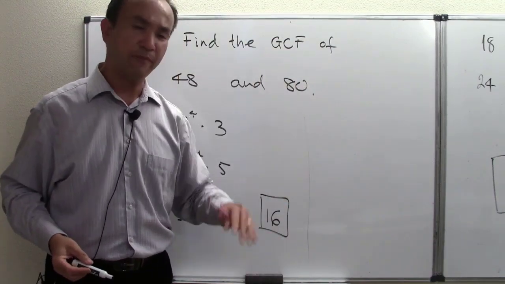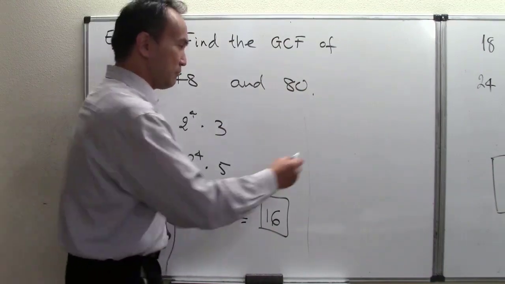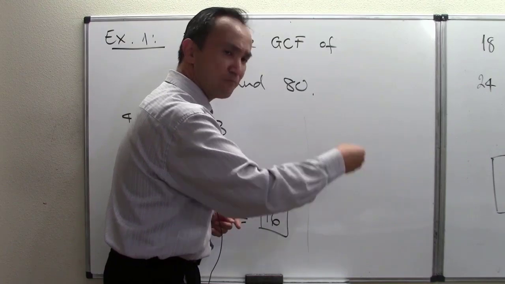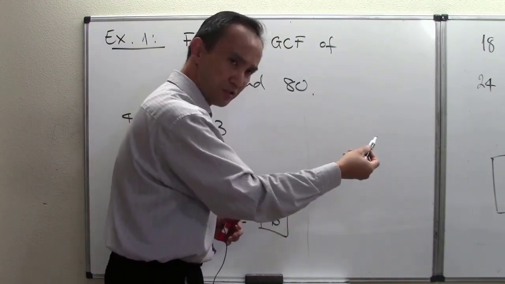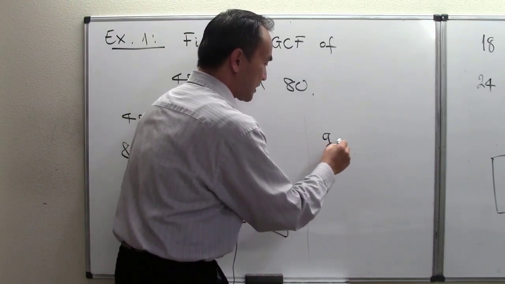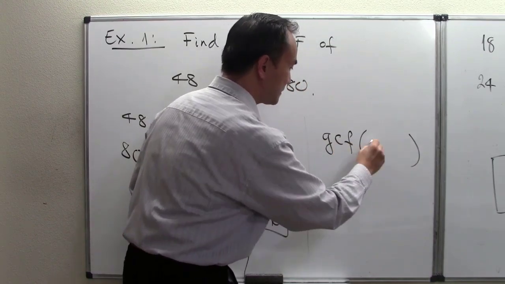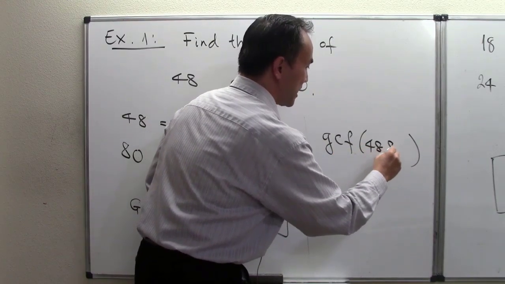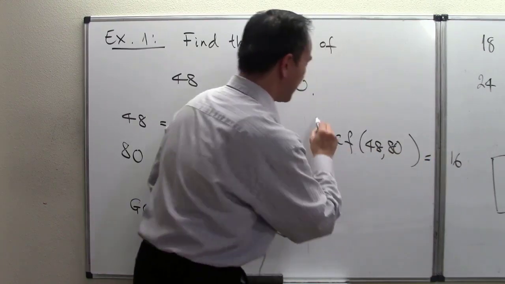This is just some optional understanding. If you like this, you take it. If you don't, that's okay, you can ignore it. But you may start seeing some more in more advanced courses, which are waiting for you. People may express things like this: GCF in parentheses, 48, 80 equals 16.